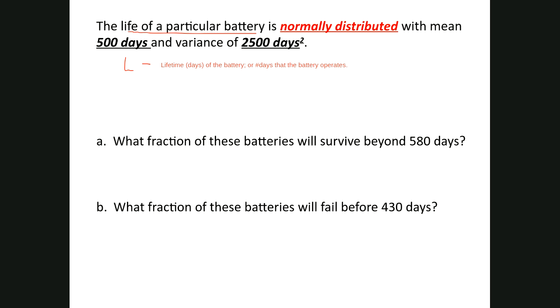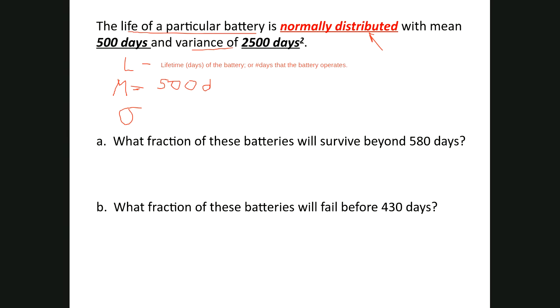Our probability distribution, of course, is the normal distribution that's given to you in the problem. Identify the parameters, and of course, for this particular problem, the mean is 500 days. I'm just going to put D. And the variance, notice we're given the variance, and what we really want to have is the standard deviation.